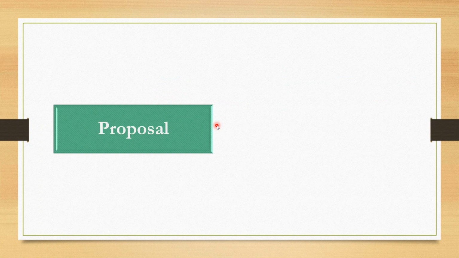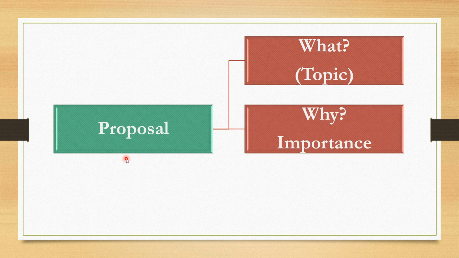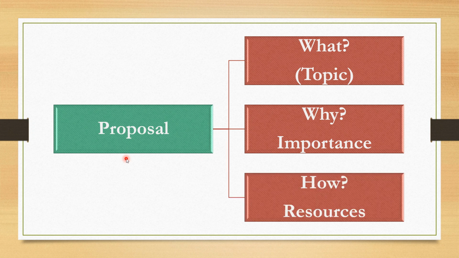So whenever you are going to write a proposal, you have to answer three questions. The first question is what. The what includes your topic, and you must have a clear idea about your topic. The next thing is the why. Why is your research topic important in your studies, and how will it contribute in your subject area? The third and last question is how.